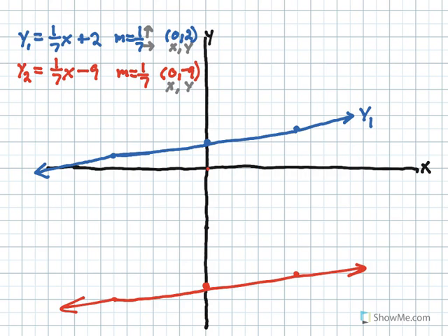In order for this to happen, you notice the slopes are identical, 1 over 7, 1 over 7. So these two lines are parallel.